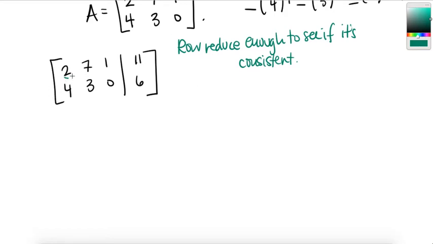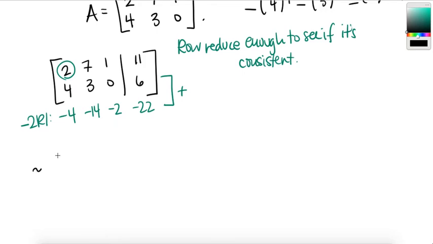For now, we're just going to worry about this. I am going to use the 2 to clear out the 4. So let's do -2 times row 1. That'd be -4, -14, -2, -22. And then we're going to add those together.